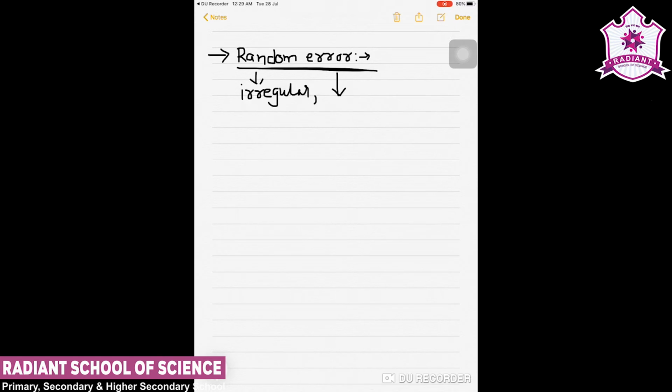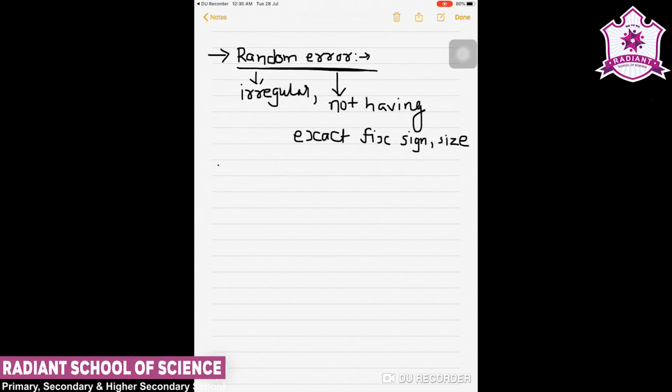So random errors do not have an exact fixed sign or size, and they arise due to random and unpredictable fluctuations in experimental conditions.